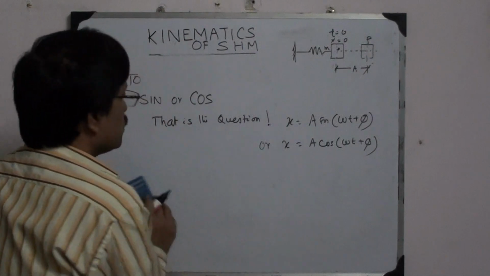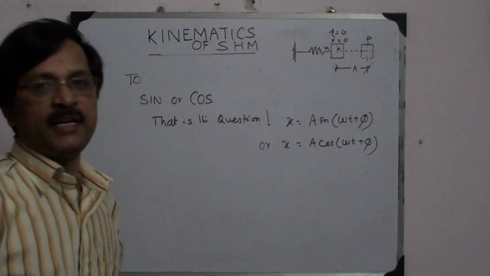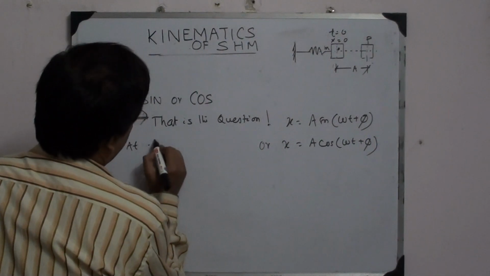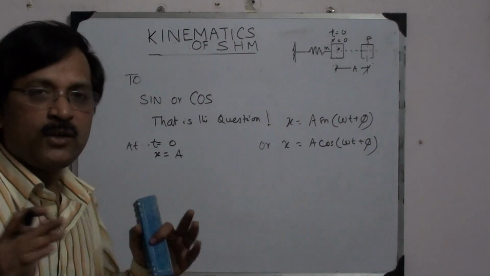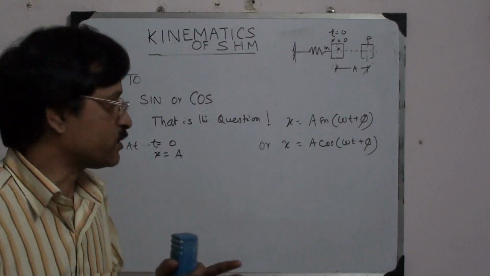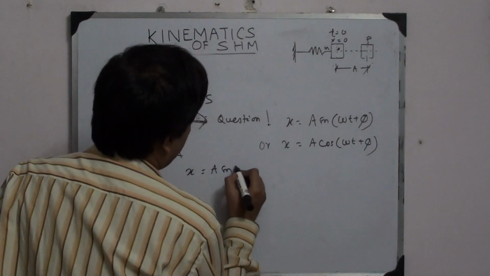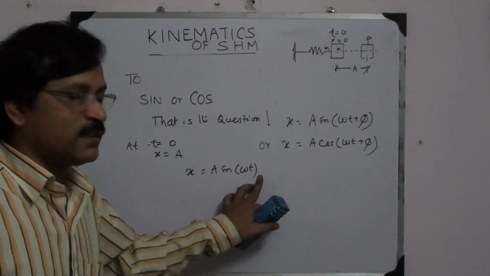For example, suppose you are given the condition that the block is at the right extreme and at t is equal to 0, x is equal to a. Then you want to describe the displacement function as x is equal to a sine omega t. Please note that this is not the general equation.